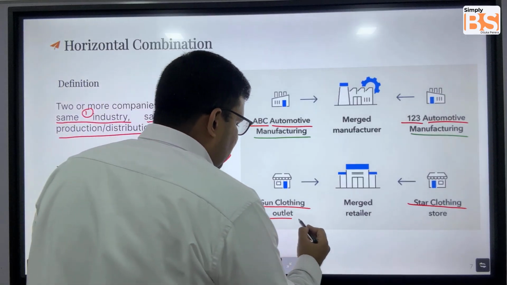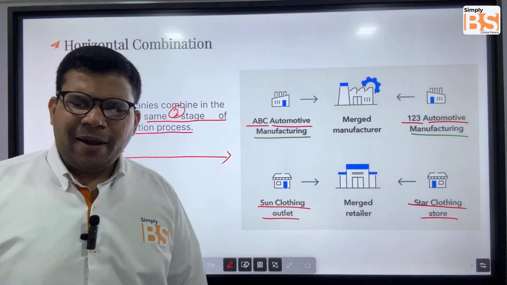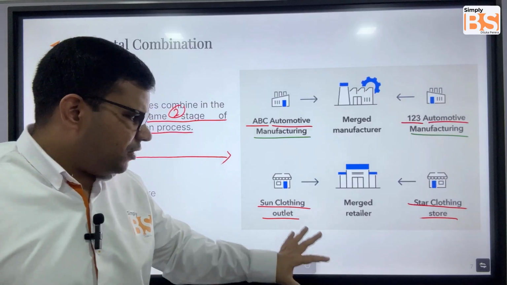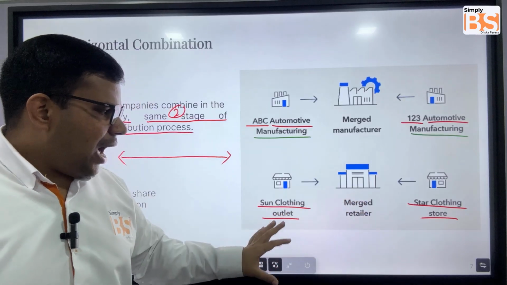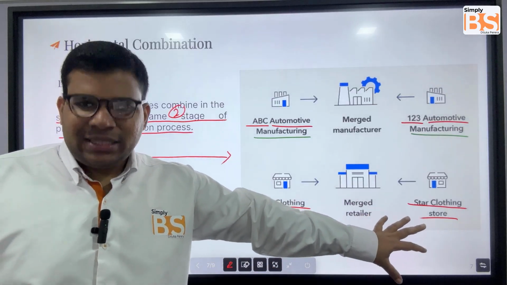They have outlets or stores, the retail outlets, which means they are at the retail stage.